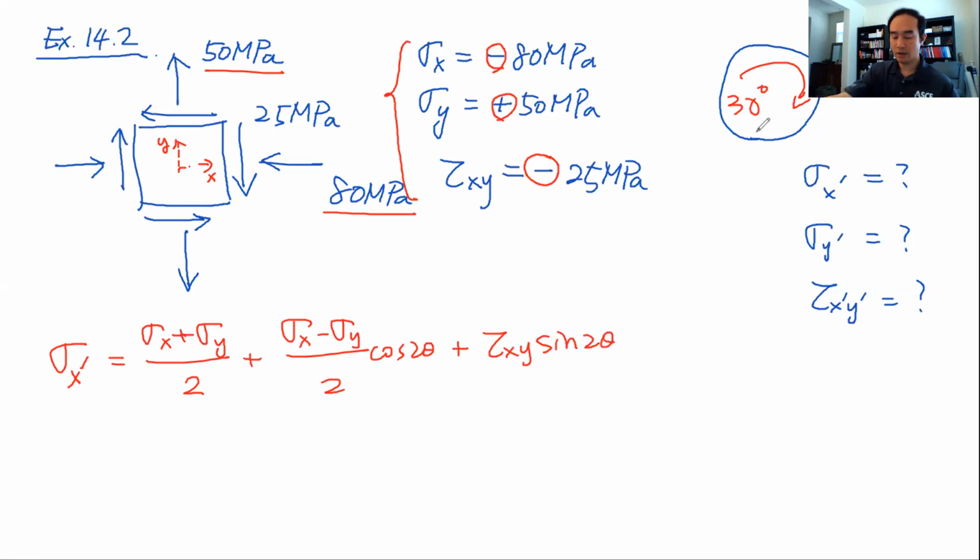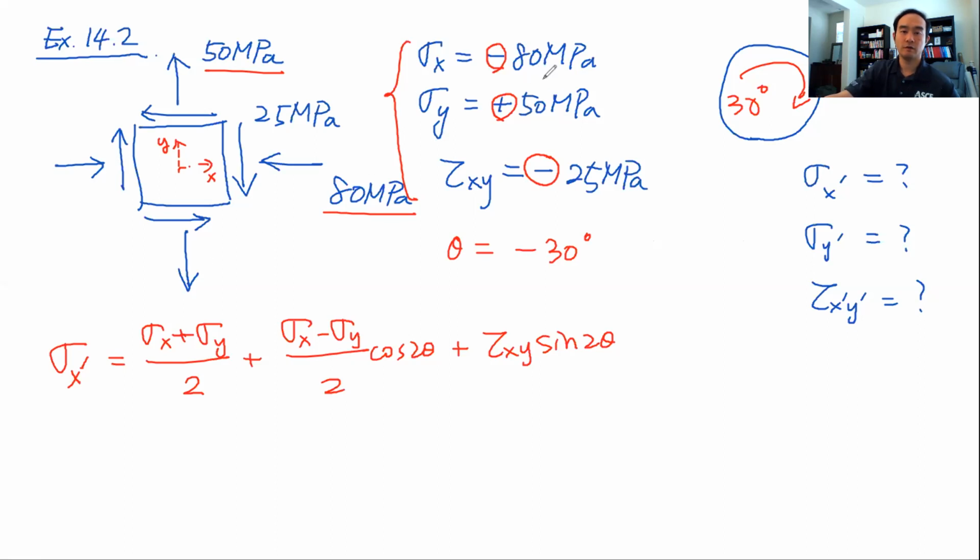Here theta is going to be negative 30, because we are following the sign convention. When we go in the counterclockwise direction of rotation, that is a positive direction. So a clockwise 30 degrees makes theta negative 30 degrees.